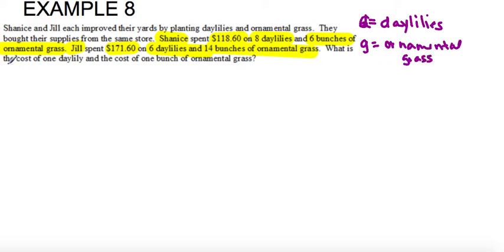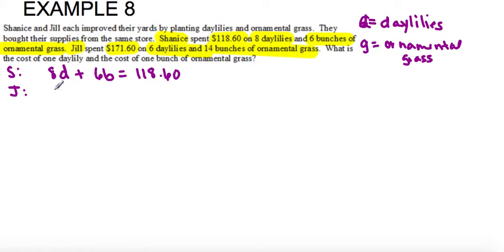Alright, so we set up our 2 equations. We know that Shanice is going to have an equation, and we know that Jill will have an equation. So Shanice, 8 daylilies, so 8D plus 6 ornamental grass, so 6G, and she spent $118.60. And then we have Jill.